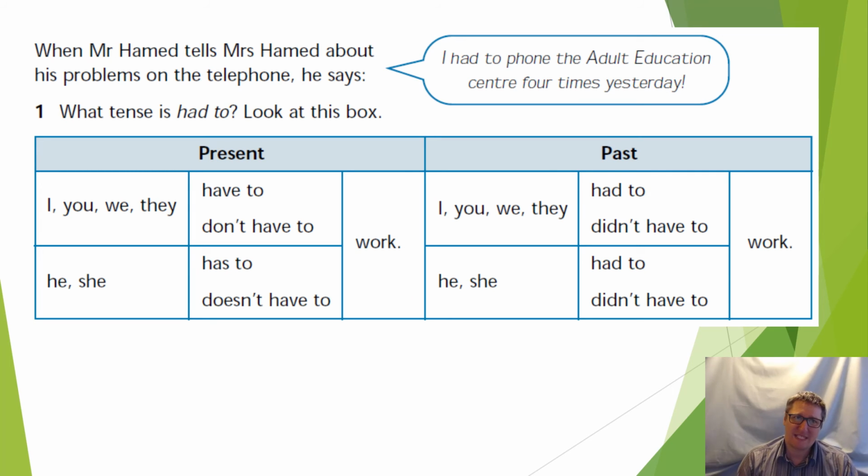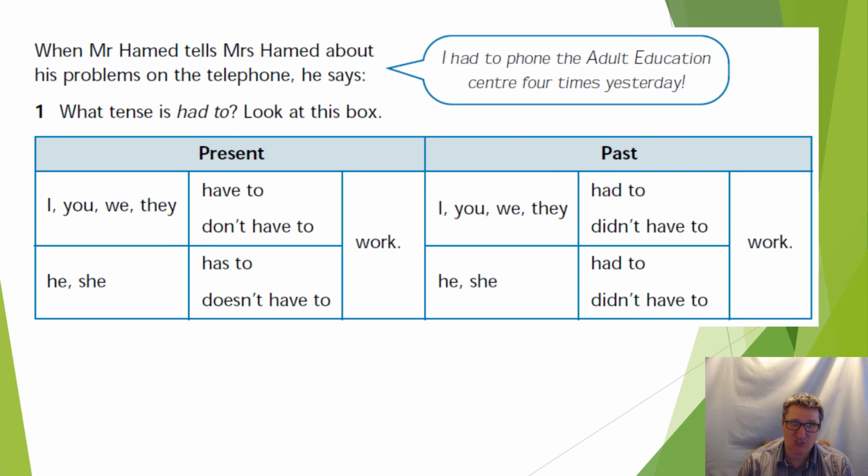Now, when Mr. Hamid tells Mrs. Hamid about his problems on the telephone, he says, "I had to phone the Adult Education Centre 4 times yesterday." What tense is "had to"? Look at this box. In the present tense, are you, we, they have to or don't have to work?